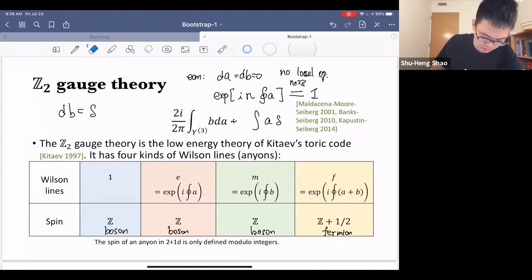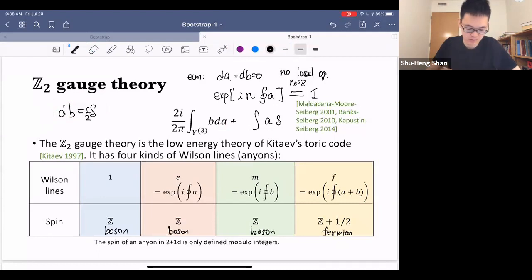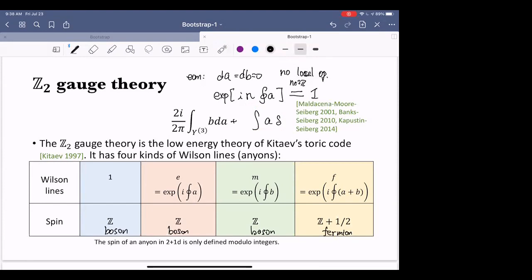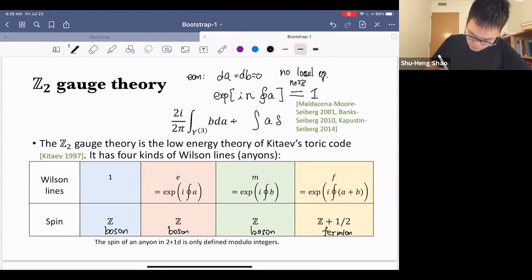If there were no 2 here, then I couldn't solve it because there's a 1/2. Let me see if I can say this better. If I only insert one guy, then I won't get any interesting answer because that's just a vacuum expectation value of the Wilson line A. What you have to do is actually insert two of them, and you have to link them somehow.